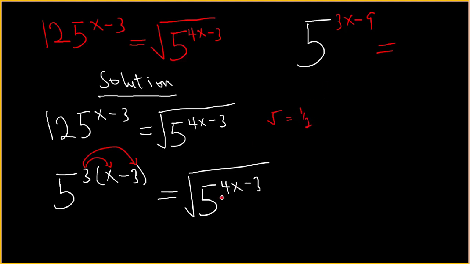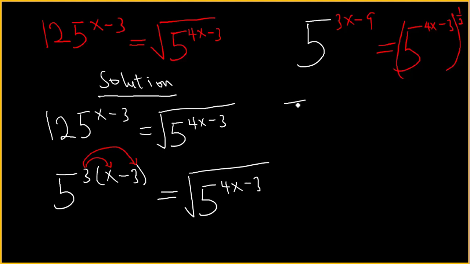So we are going to express this root sign in this form. We have 5 to the power 4x minus 3, all raised to the power half.